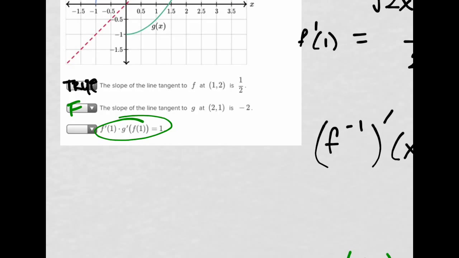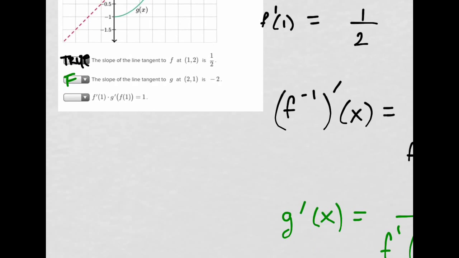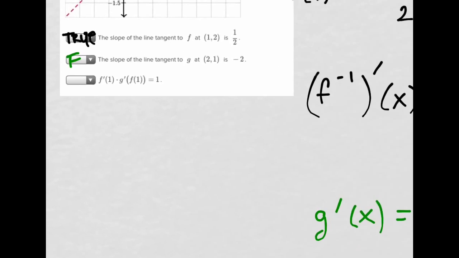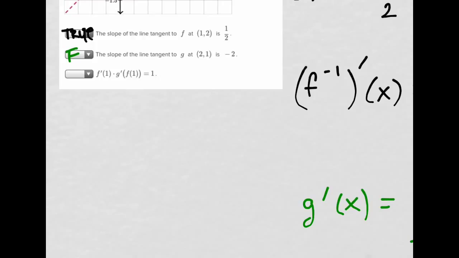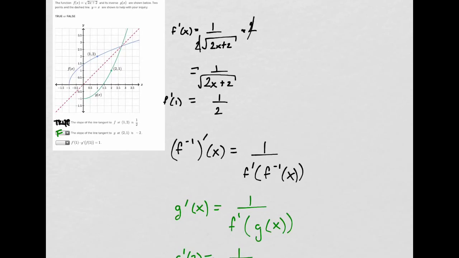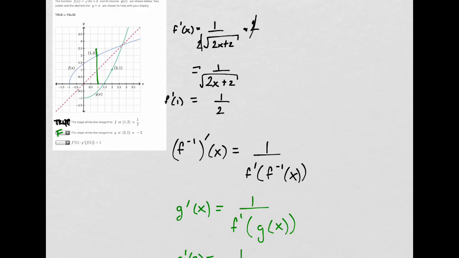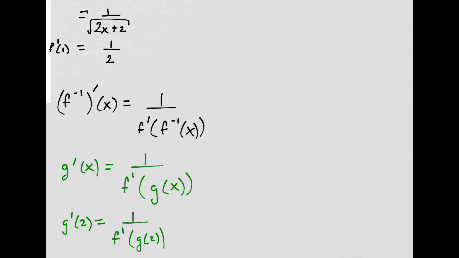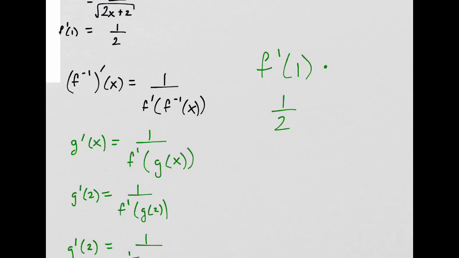And then this is actually the derivative formula. But if we take f prime of 1 and g prime of f of 1, let's see if we get 1. We already know that f prime of 1, when we plug in 1, we get 1/2, right? We know that. So f prime of 1 is 1/2, and we're multiplying it by g prime of f of 1.